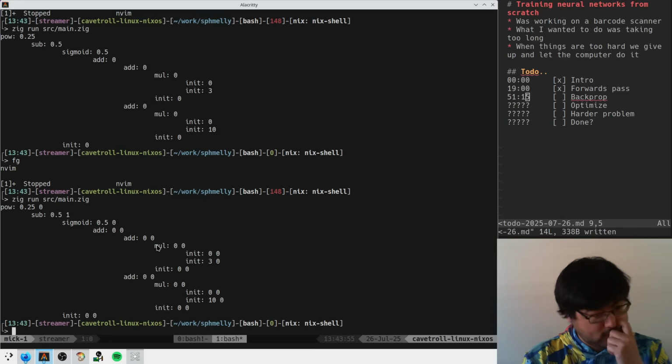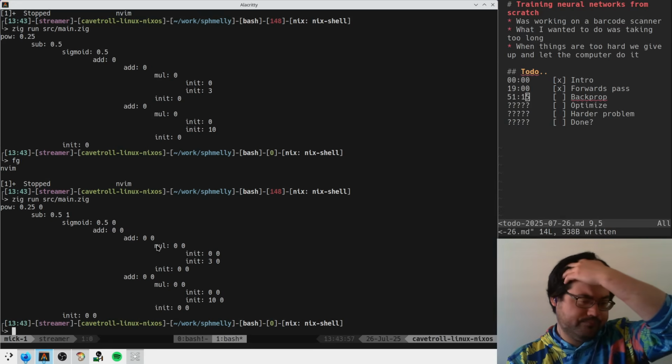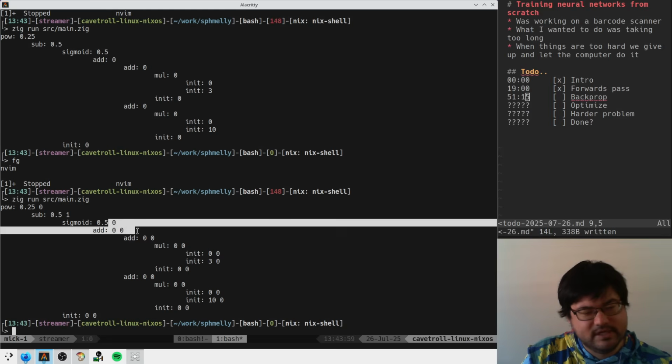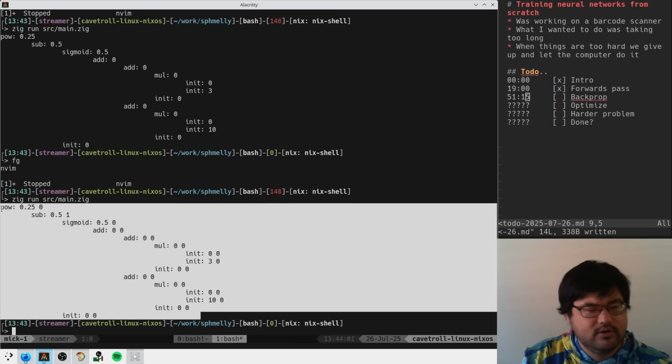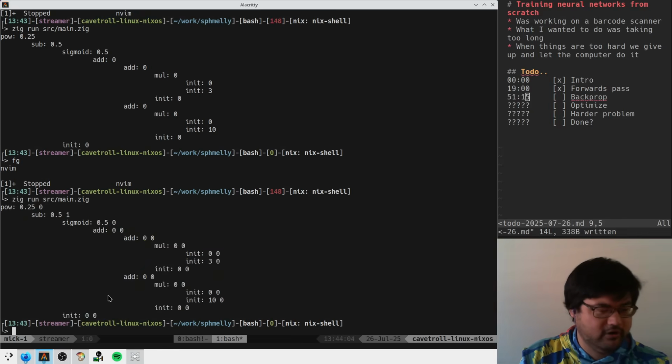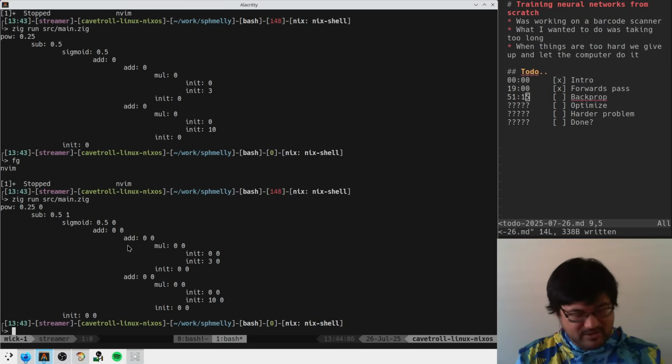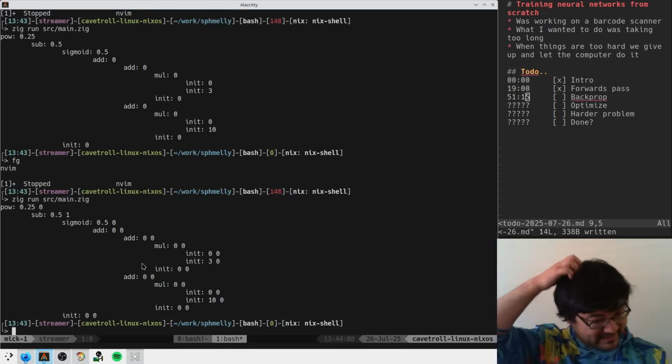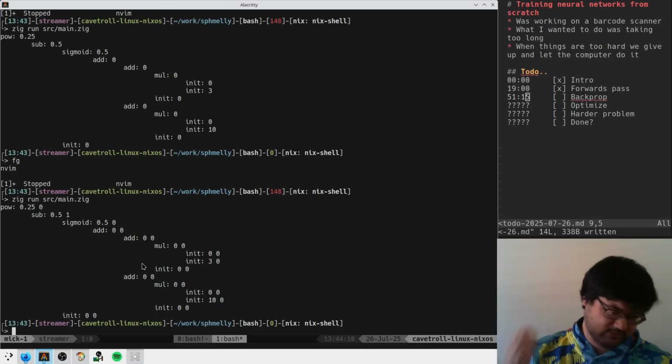Okay, yeah, so the fact that we see zeros all the way down seems pretty wrong. Gradient 0 everywhere seems incorrect. So we must be doing something wrong.